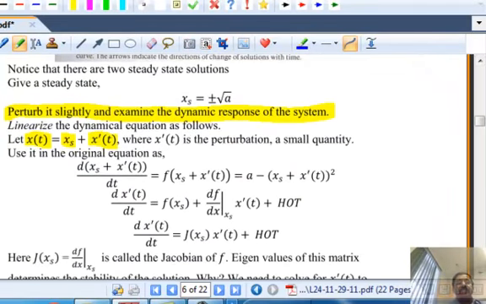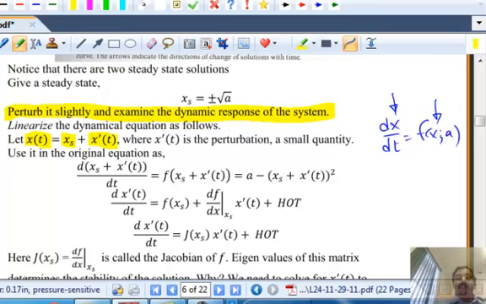So x of t is decomposed into xs plus x prime, and I take this and put it into this equation, dx/dt equals f of x with the parameter a. Wherever I have x, I'm going to replace it by xs plus x prime. On the left hand side, instead of x, I write xs plus x prime.